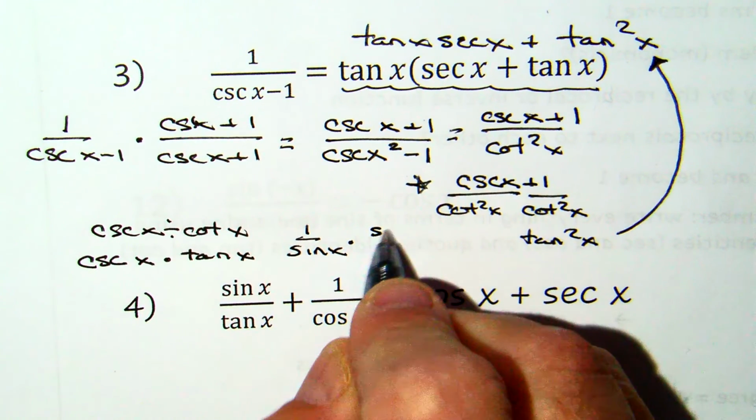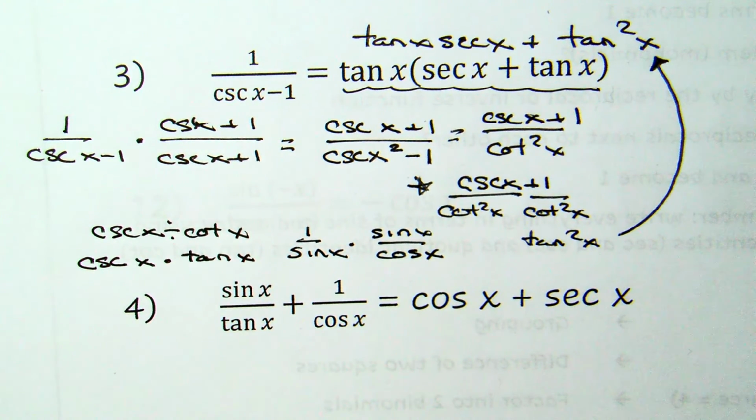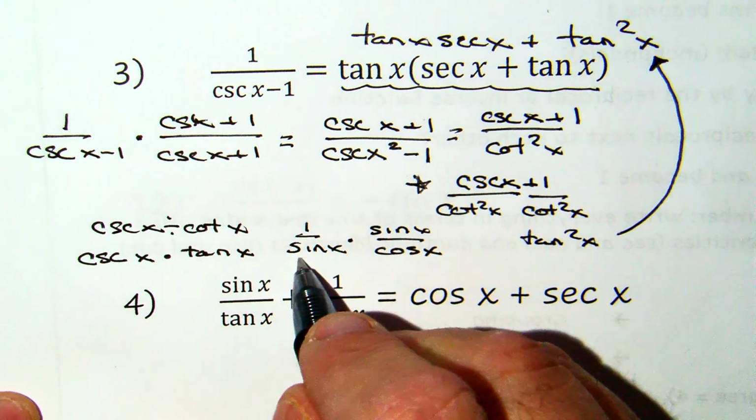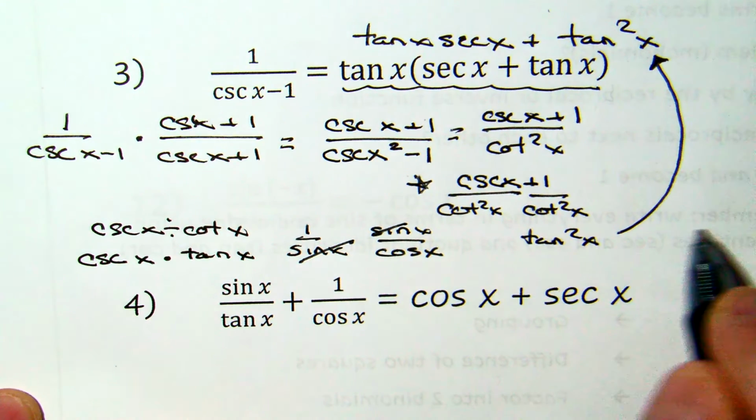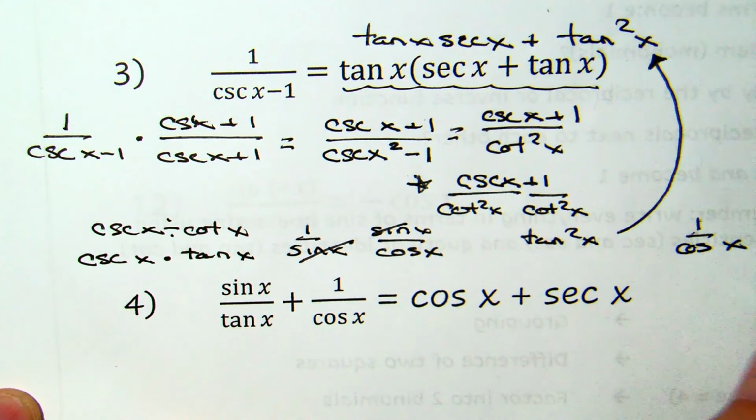Tangent x is sine x over cosine x. What do the sine x's do to each other? Cancel that. Giving you 1 over cosine x. Which is what? Secant x.